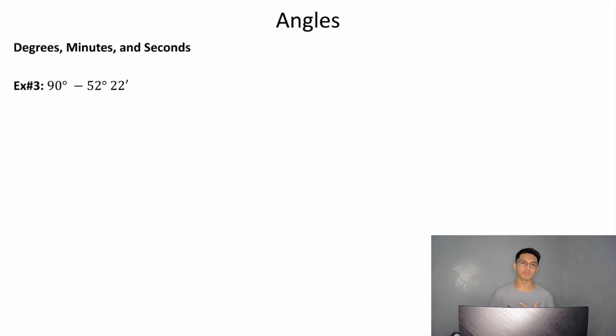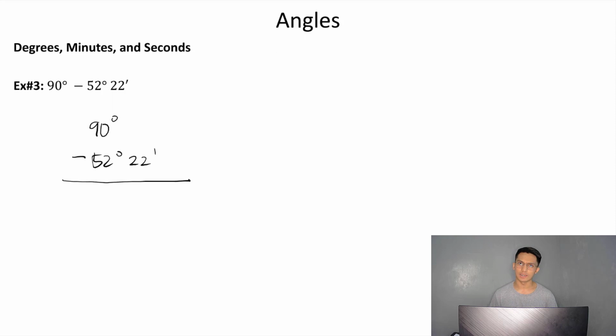Next, for example number 3, we are going to subtract naman 90 degrees minus 52 degrees 22 minutes. So, paano natin isusubtract yan? Sulat natin, we have 90 degrees minus 52 degrees and 22 minutes. If we can notice, walang minutes yung 90 degrees.